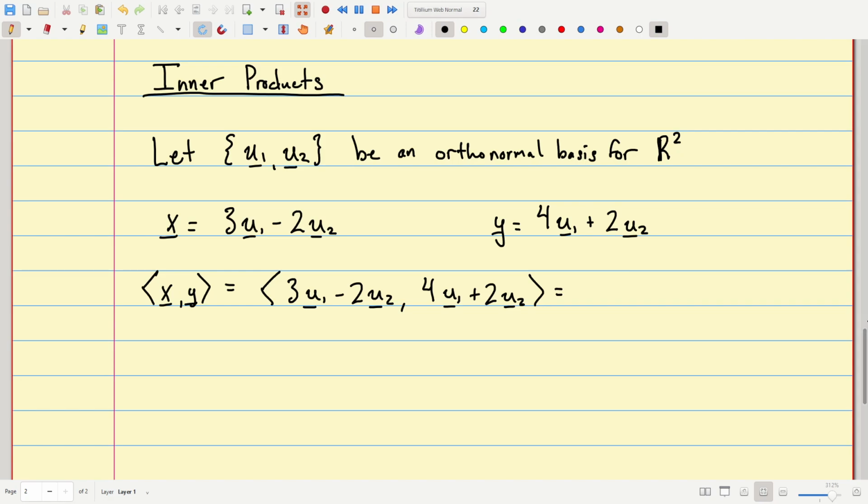So for instance, this has to equal this. Sorry, ran out of room there, but same thing on the second parts.